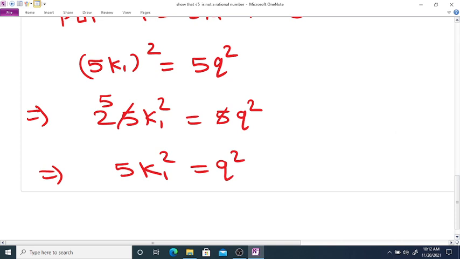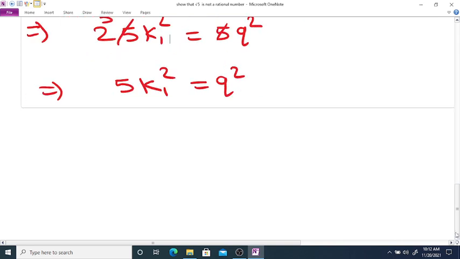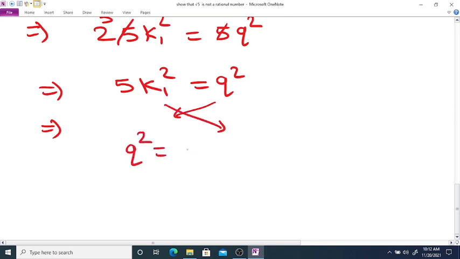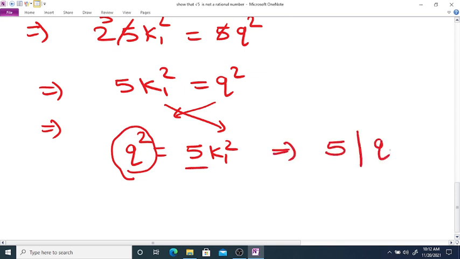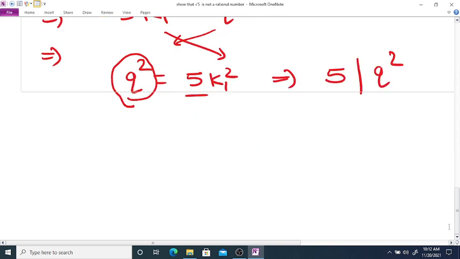Now if we write this q square on the left hand side and 5k1 square on the right hand side, then q square is equal to 5k1 square. So this q square is again a multiple of 5, and therefore 5 divides q square, but 5 divides q square implies 5 divides q into q.